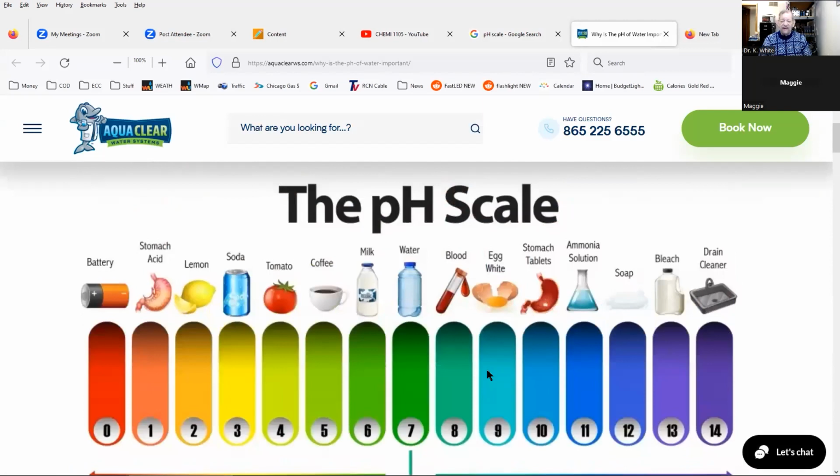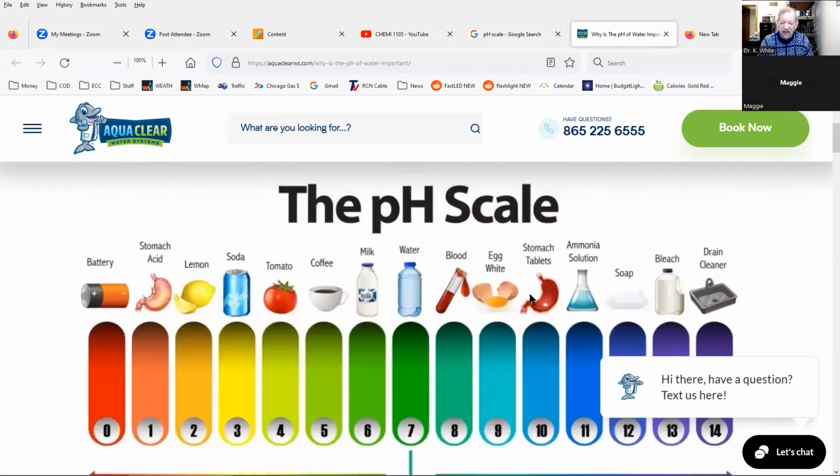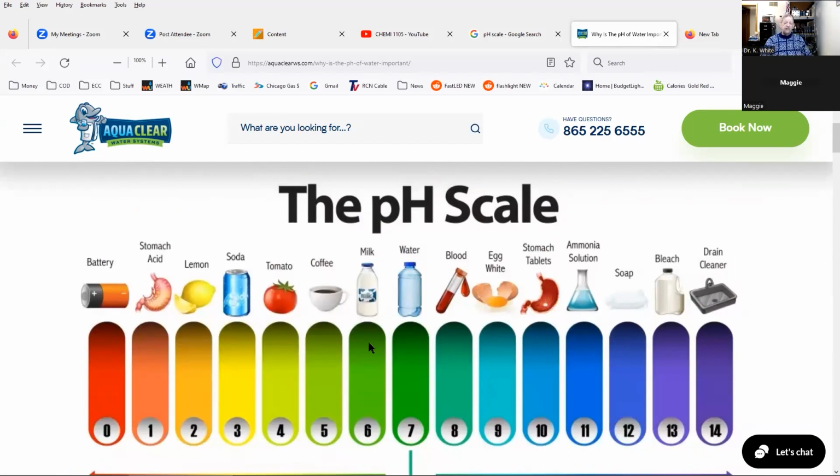And here's another one again. And here they have alkaline. I'll use basic. This looks like the same one. Your blood is slightly basic, very close to neutral pH. And soda is also acidic.